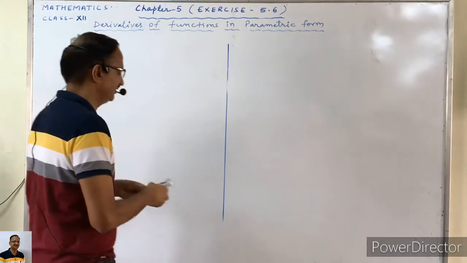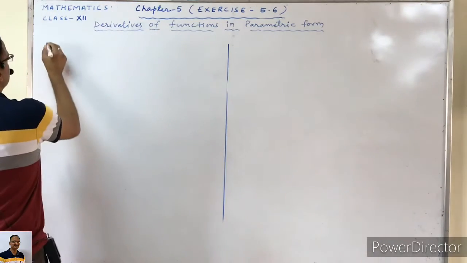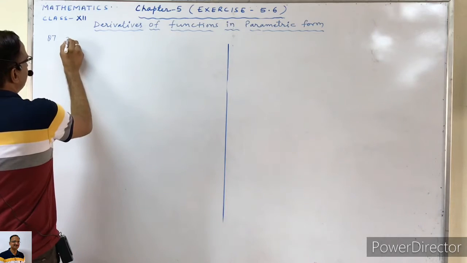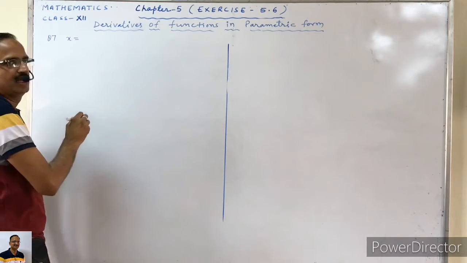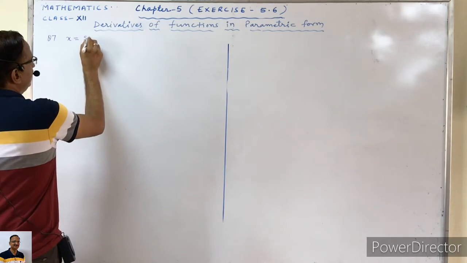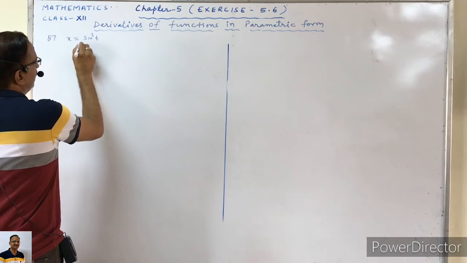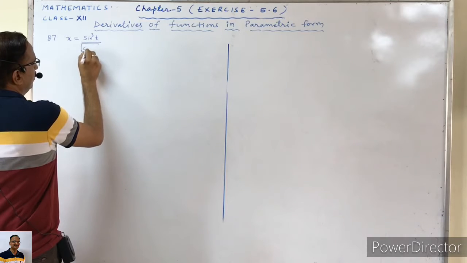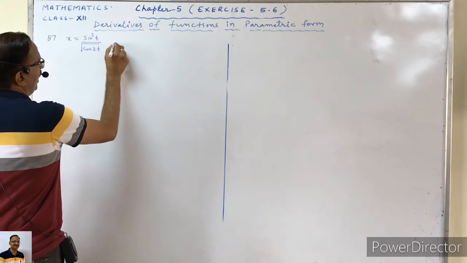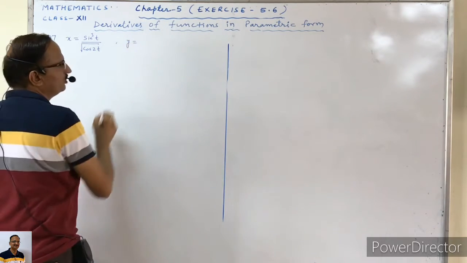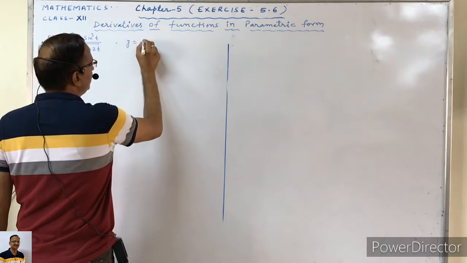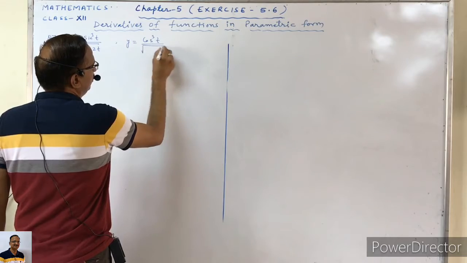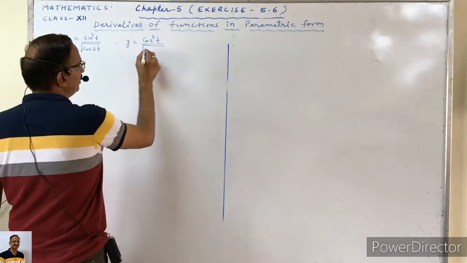So the question is, x equals sin³t by root cos 2t and y equals cos³t by root cos 2t.